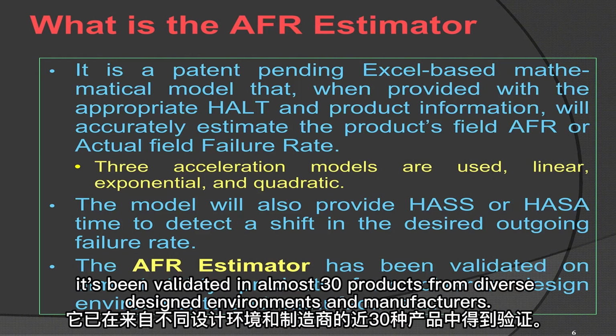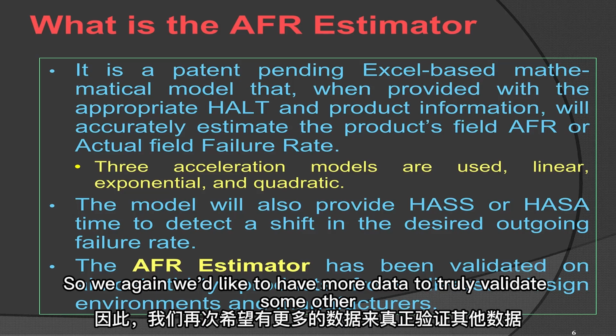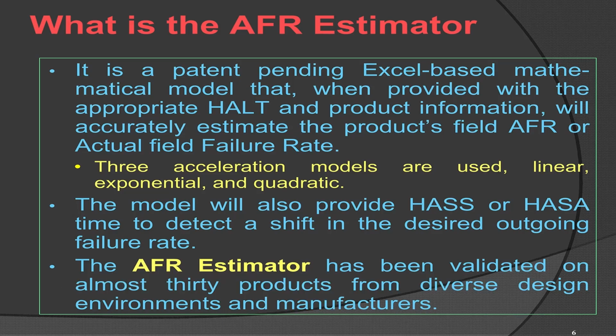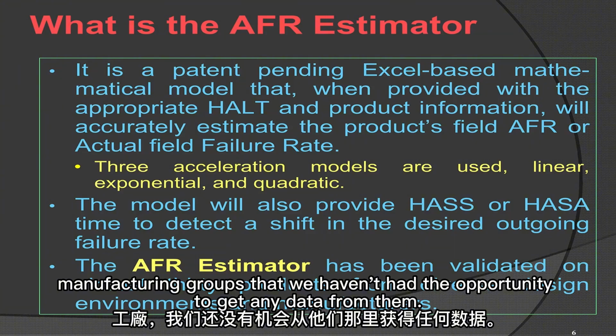It's been validated in almost 30 products from diverse design environments and manufacturers. Again, we'd like to have more data to truly validate some other manufacturing groups that we haven't had the opportunity to get any data from.